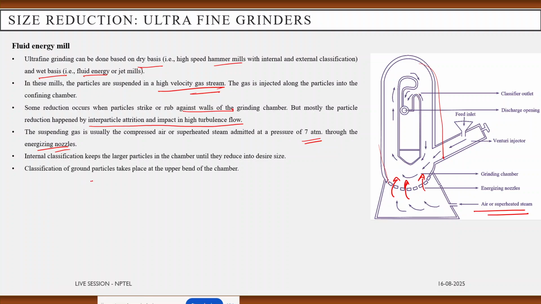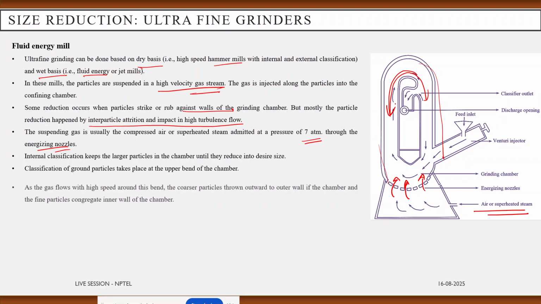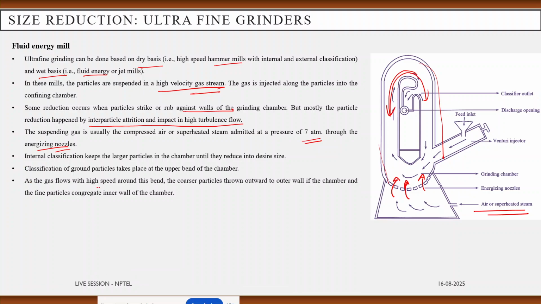And the classification of the ground particles takes place at the upper bend of the chamber, in this region. As the gas flows with high speed around this bend, the coarser particles will be thrown outwards and collected and circulated again, whereas the fine particles will congregate at the inner walls of the chamber and will be collected from this.